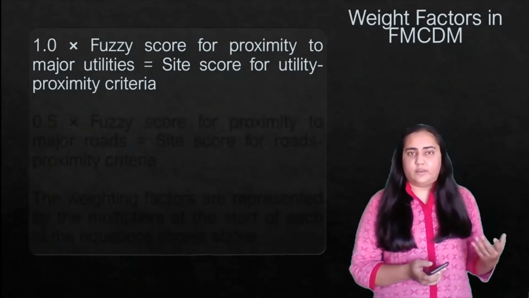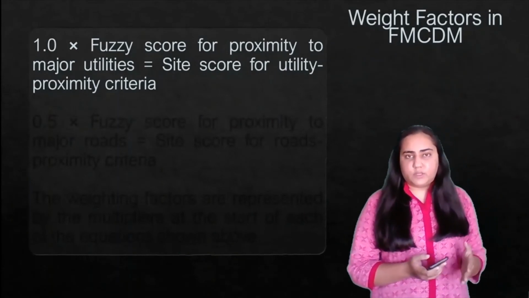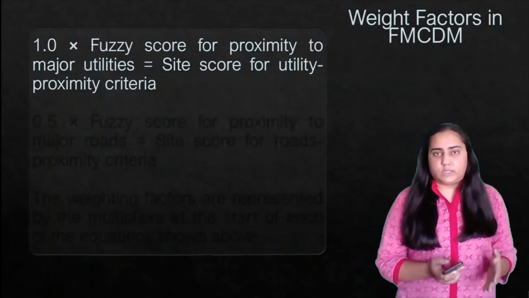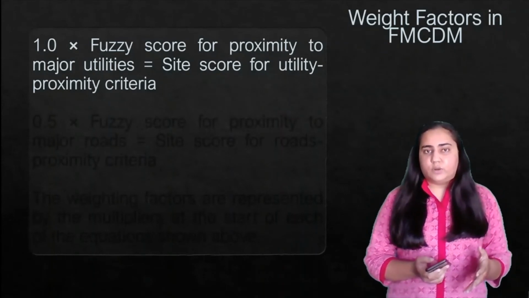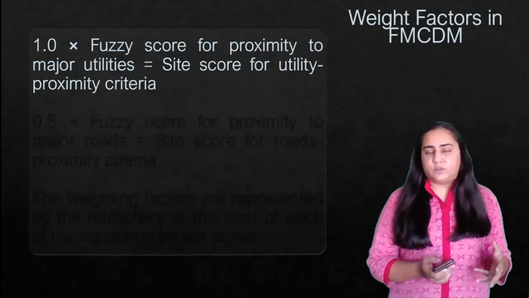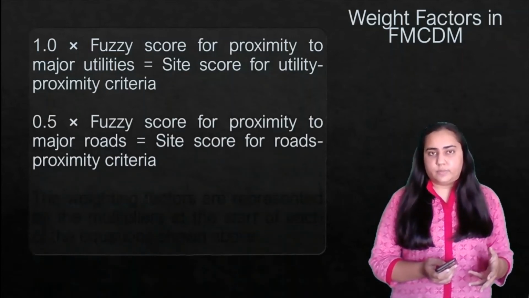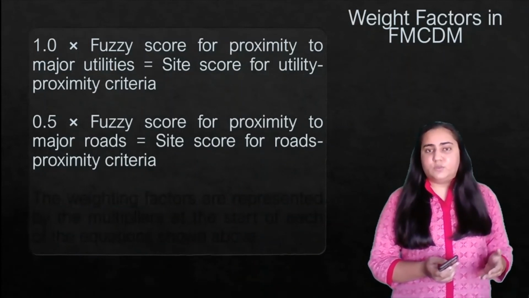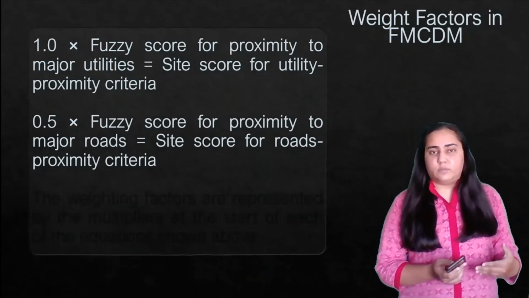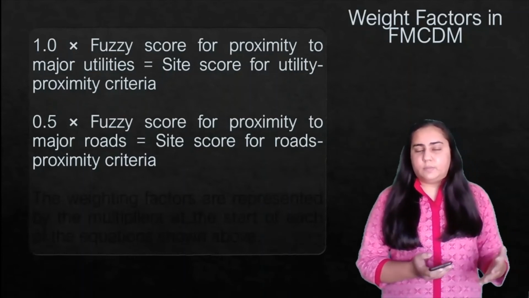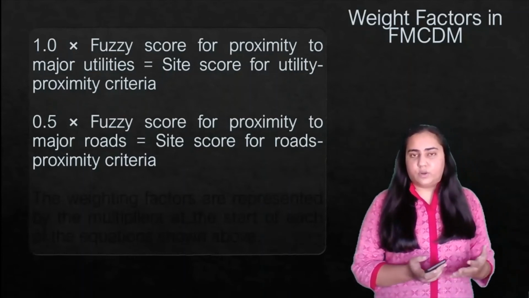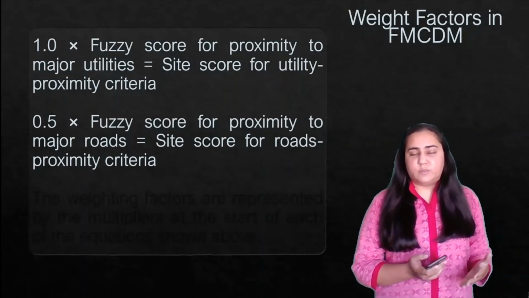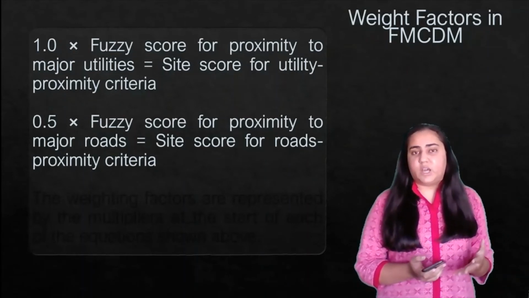If you add a weight in this manner, you're multiplying 1.0 by the fuzzy site score for proximity to major utilities. But when it comes to proximity to major roads, you are multiplying the score by 0.5. So whatever score the site got for proximity to major roads will be halved.